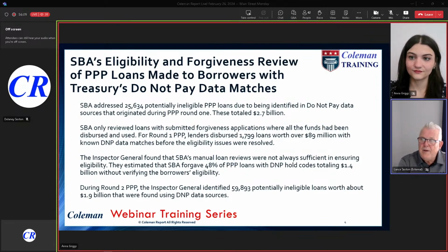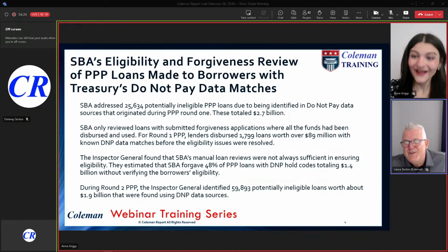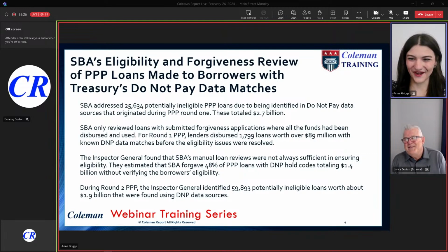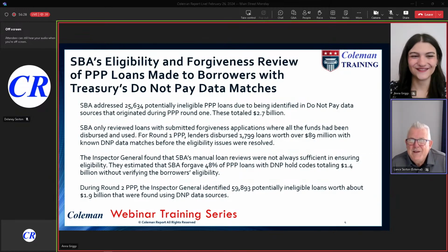Well, if you have a PPP borrower who didn't submit for forgiveness and is making payments, those loans potentially could still be out there until June of 2026. So there's still some more time. So the Inspector General was taking a look at how SBA looked at loan originations and the eligibility.